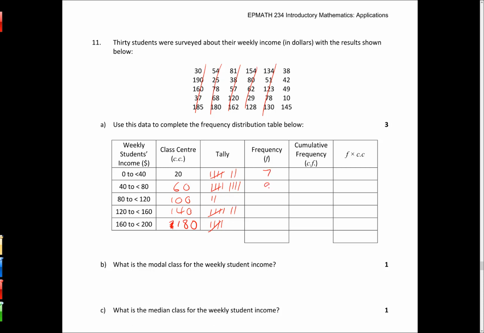So we've got a 7 count, a 9, a 2, a 7 and a 5. Let's add them up. 12, 14, 23, 30.